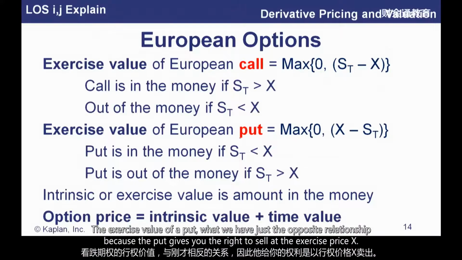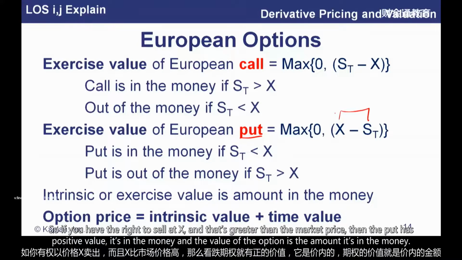The exercise value of a put, well, we have just the opposite relationship because the put gives you the right to sell at the exercise price X. So if you have the right to sell at X, and that's greater than the market price, then the put has positive value. It's in the money, and the value of the option is the amount it's in the money.